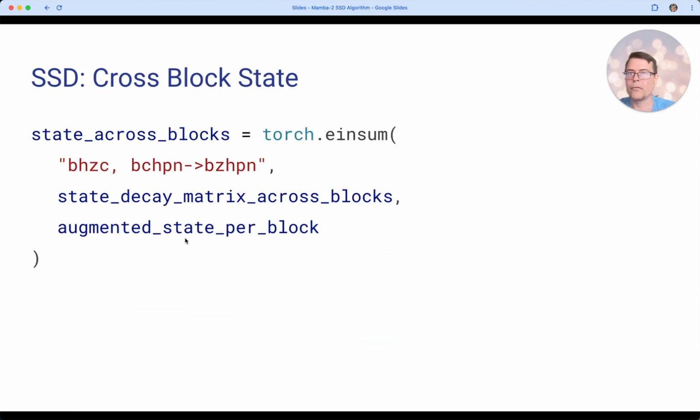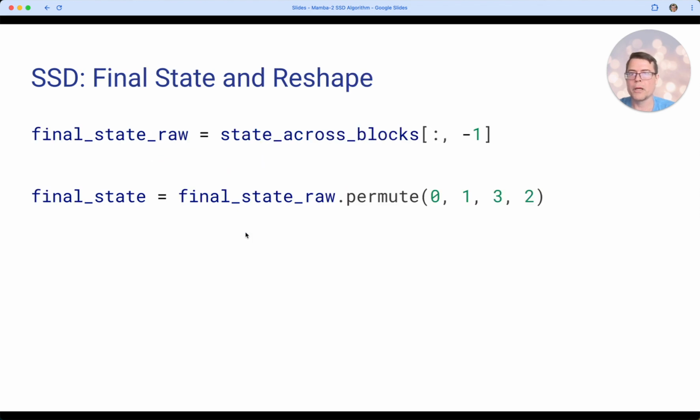All right, here, calculating cross-block state. This is a fairly straightforward sum. We're taking the state decay matrix across the blocks and the augmented state per block, and so we get the state across the blocks. Now we've got the state, basically the final form state.